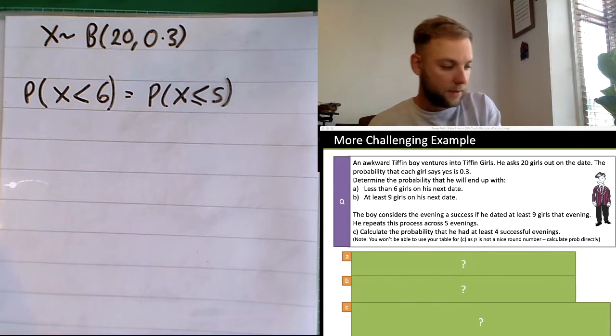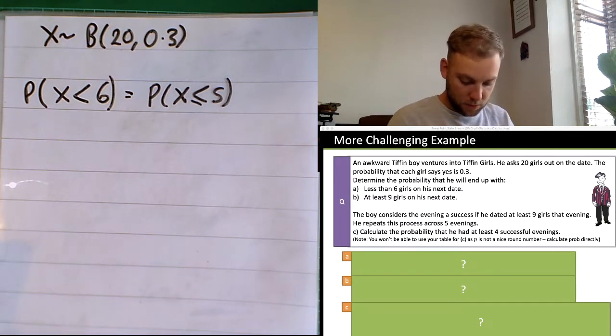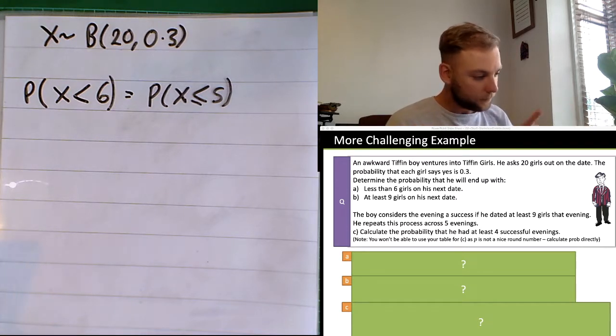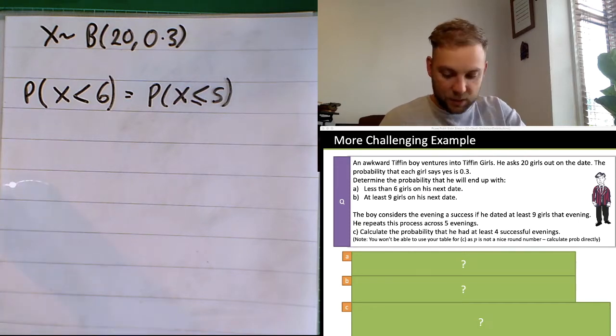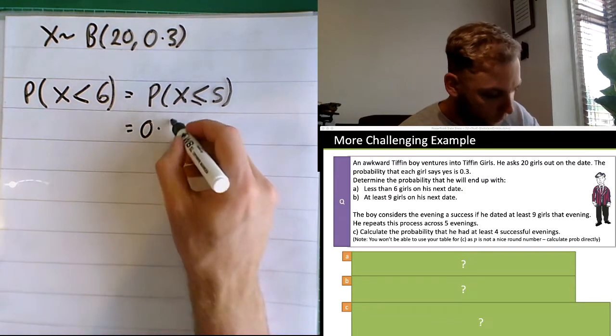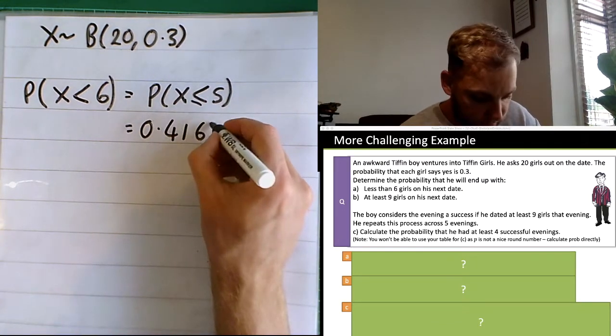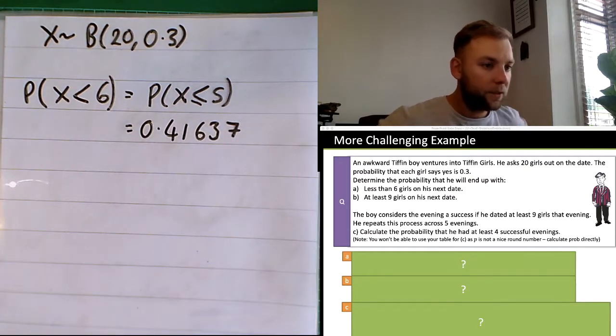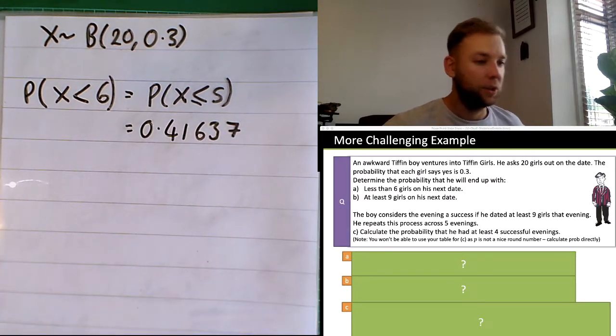So here, menu 7, binomial CD in this case, because I want everything which is less than this. For the variable, x is going to be equal to 5 in this case. The number of trials is 20. The probability is equal to 0.3. So for this one here, I end up with 0.41637.